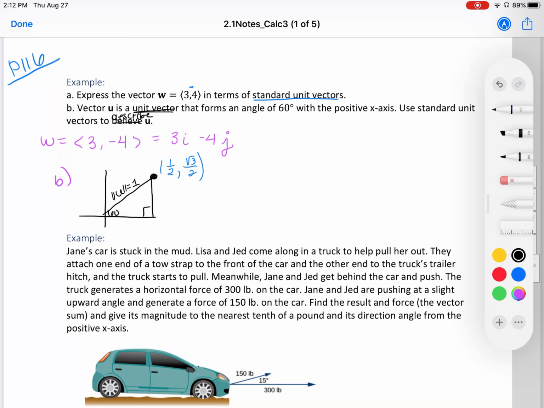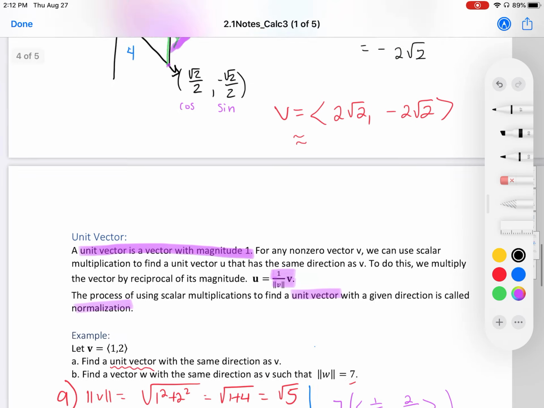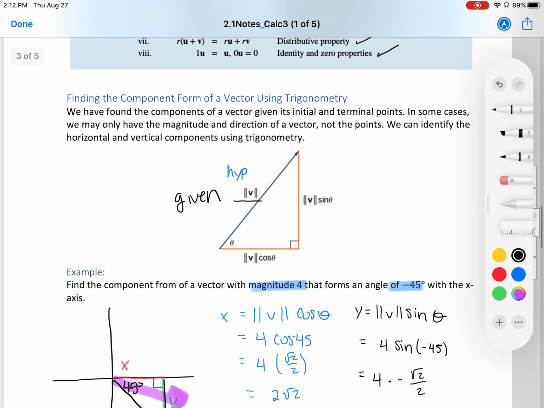We know that it's a magnitude times cosine and sine, right, from our last formula. So let's go back. We saw it here. We're going to take our magnitude times sine and cosine. Sine for your y and cosine for your x.